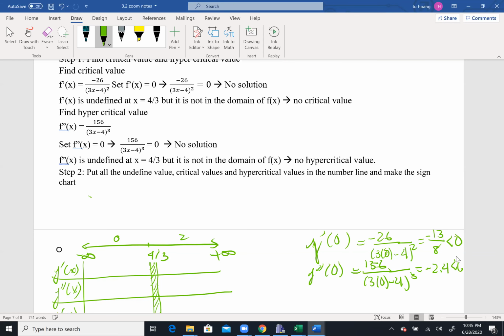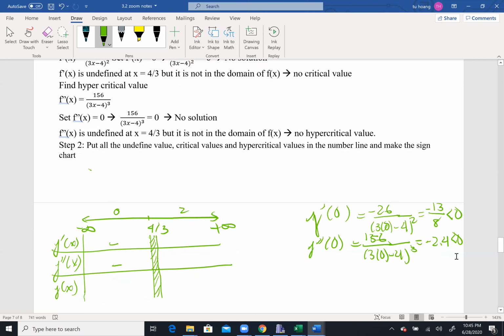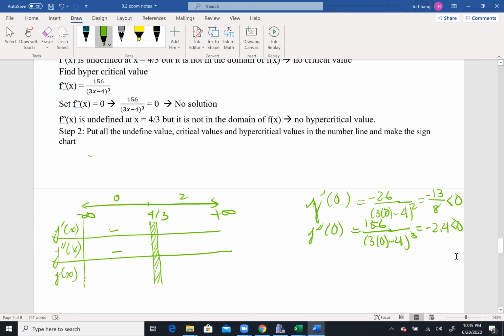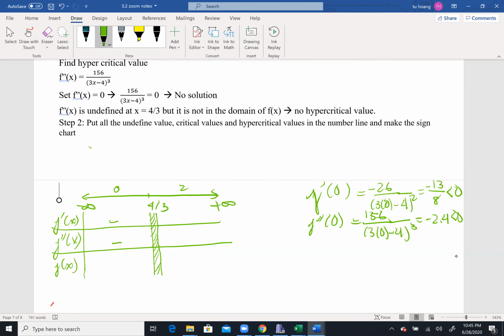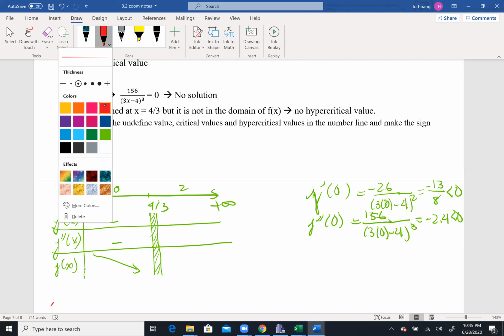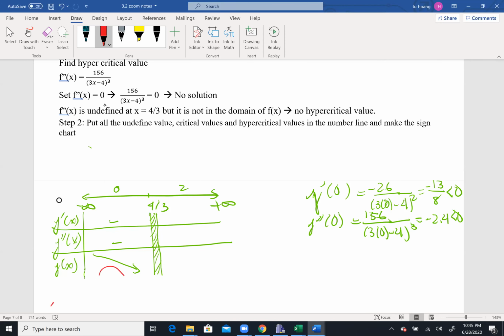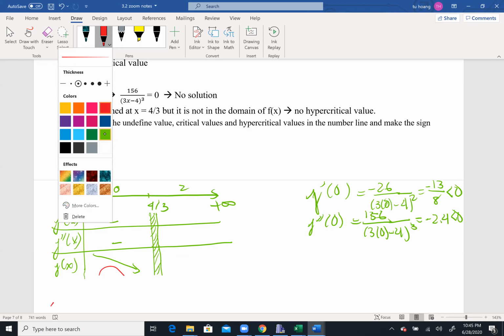So I have the first one negative, the second one negative, and f of x has to be decreasing, and f second is negative, so it's concave down.